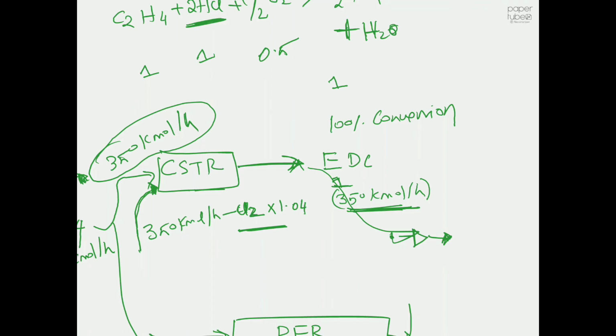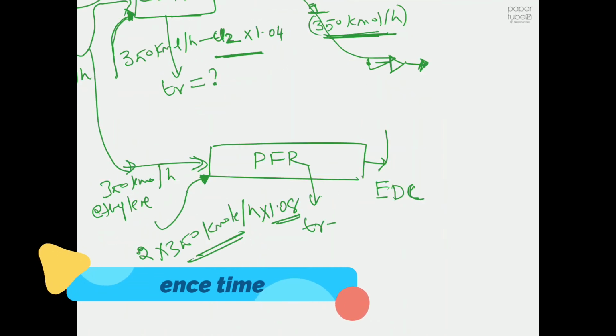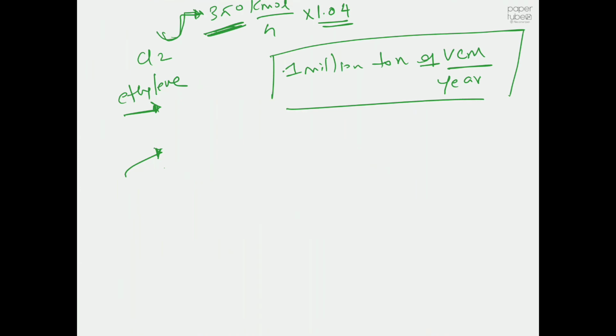Another thing we should worry about is the reaction time, or the residence time. For this we have to go to the literature. In the same manuscript by, what was this guy's name? I forgot.